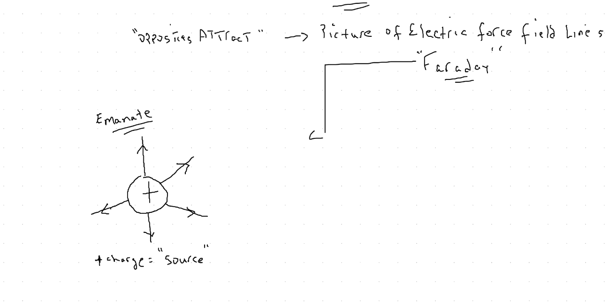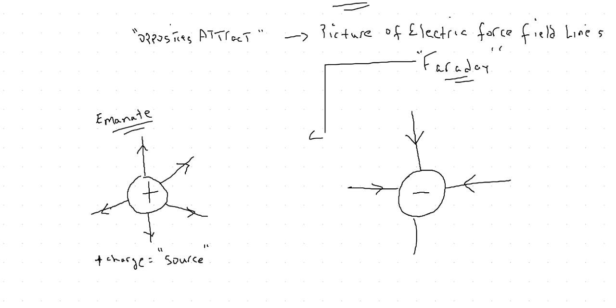For a negative charge, we have the opposite picture. So here's a negative charge, an electron, if you like. And we have that the electric field lines go in. So you see they're not emanating, but they're going into a negative charge.